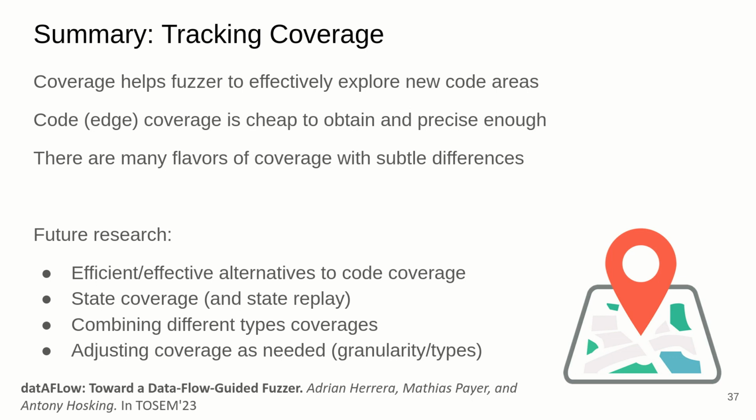Interesting future research in this area would be efficient and effective alternatives to code coverage, as in if you don't get code coverage, what else can you do? State coverage, like targeting stateful targets or programs and protocols, network protocols, and so on. And then also combining different types of coverages at different granularities of wherever this is needed.